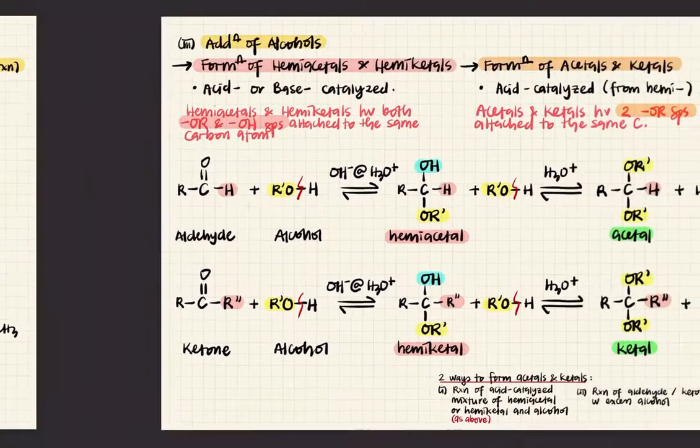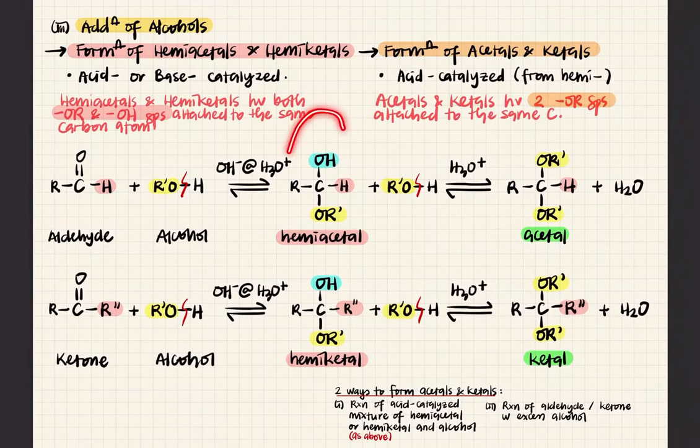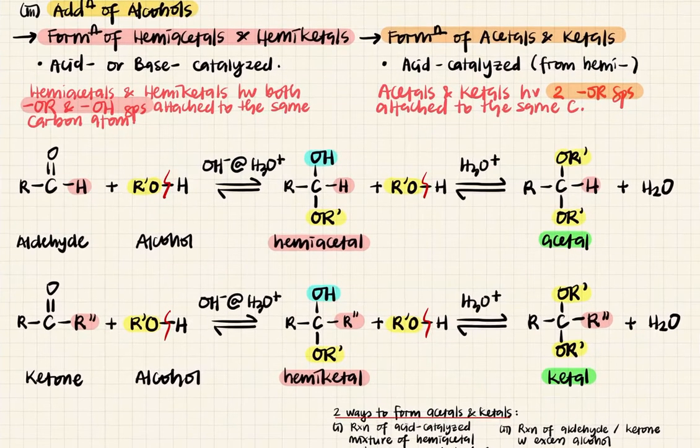Okay, alright. So daripada hemiacetal dengan hemiketal tu, we can add more alcohol to form acetals and ketals respectively. So for the formation of acetals and ketals, it is acid catalyzed saja daripada hemiacetal dengan hemiketal.